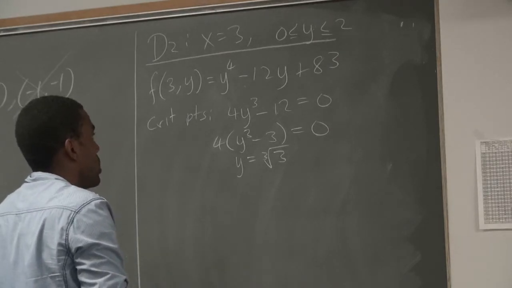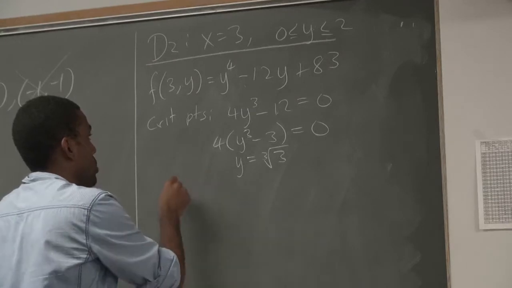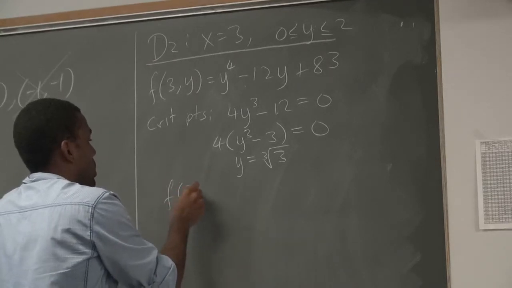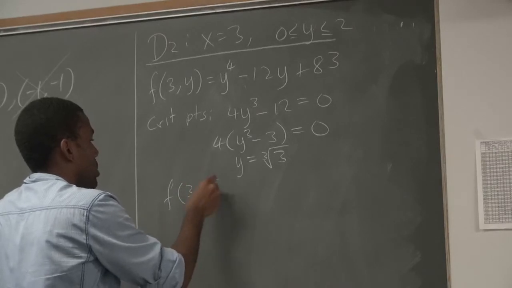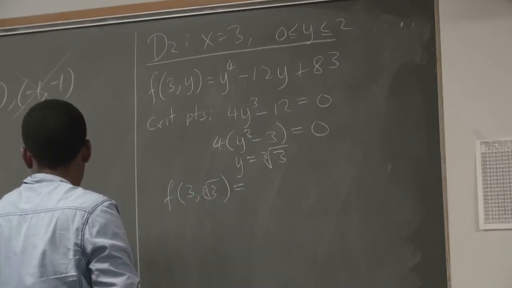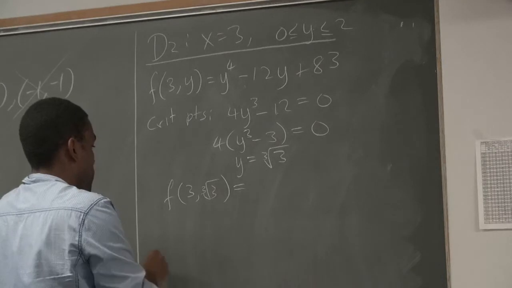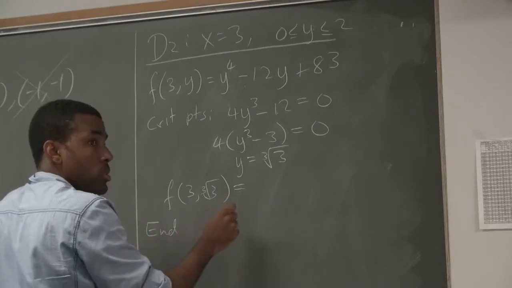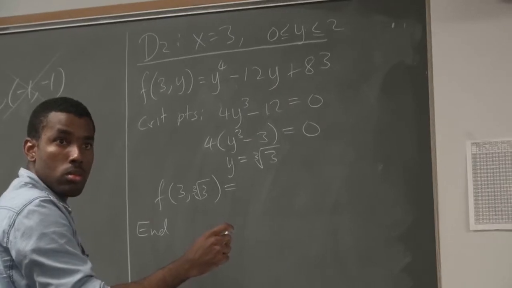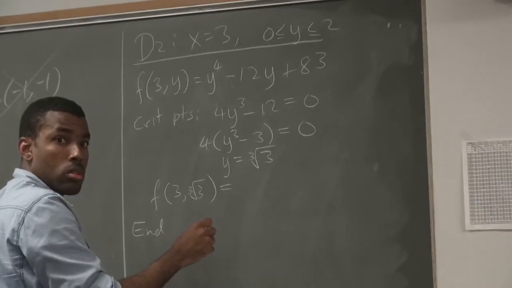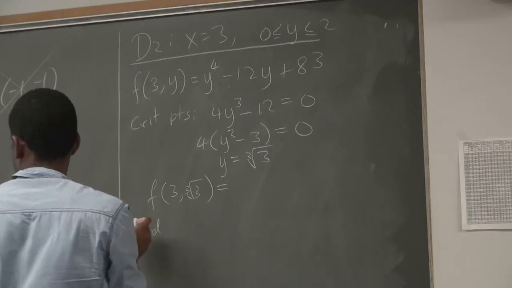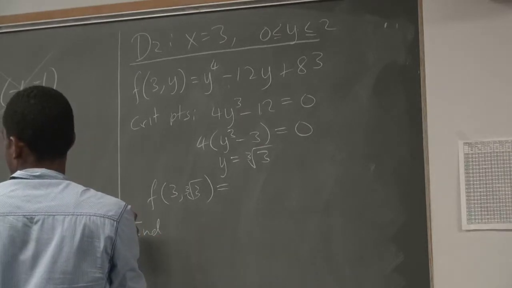So then we are going to check 3 comma the cube root of 3. And what was that? I got about 70. Really?